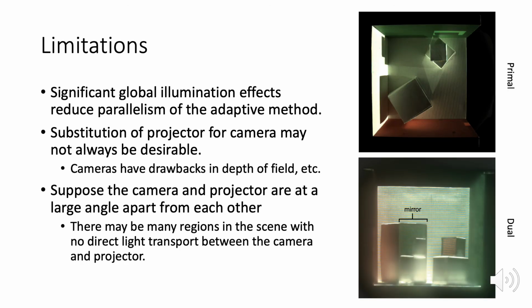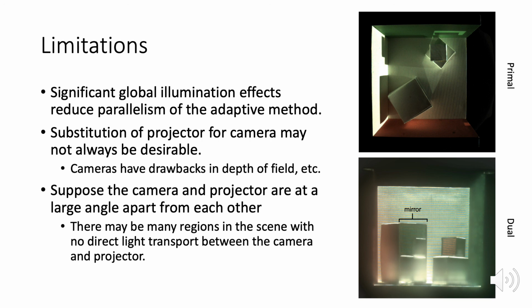Talking about the limitations: first, when the global illumination is significant, it will reduce the parallelism of the adaptive method. Second, substitution of projector for camera may not always be desirable because cameras may have drawbacks in depth of field or difficulties in control of settings like exposure.